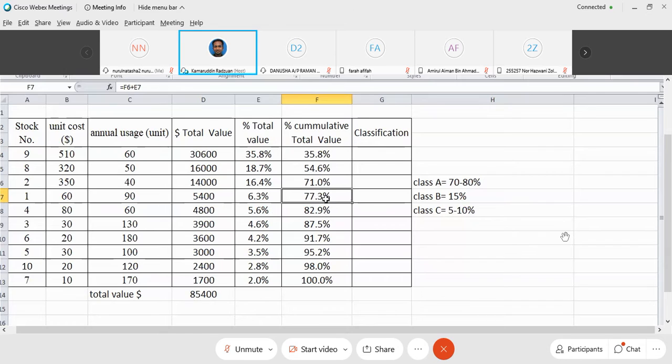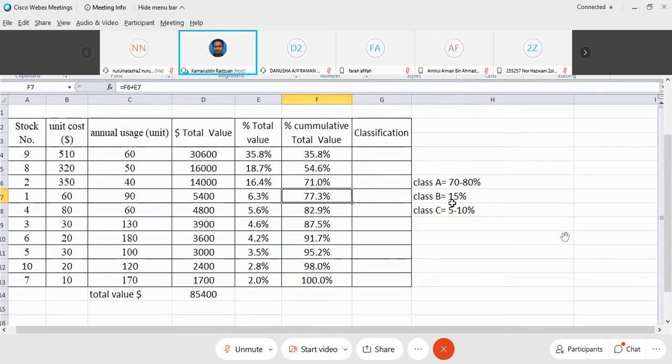Based on this percentage cumulative total value, 82% is more approximate to the 80% of total value in class A compared to 77.3%. How do we get this decision?